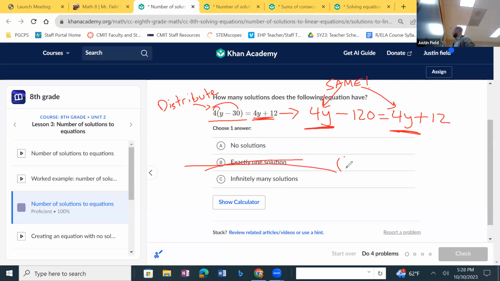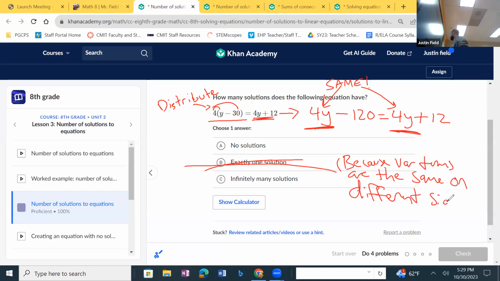Because variable terms are the same on different sides. All right.